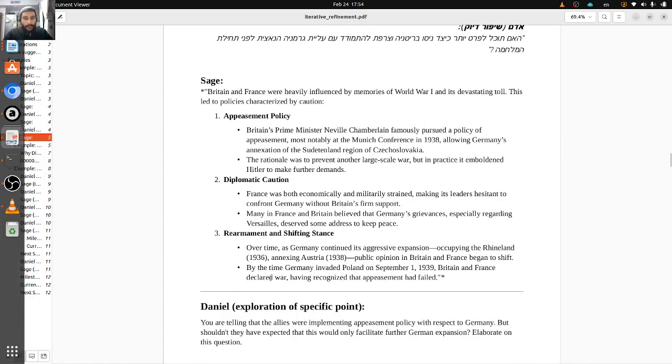diplomatic caution, and the rearmament of Germany that was allowed to take place by these two allies.